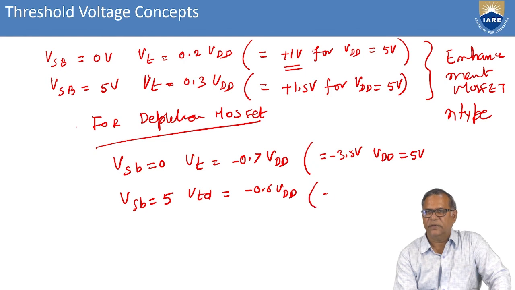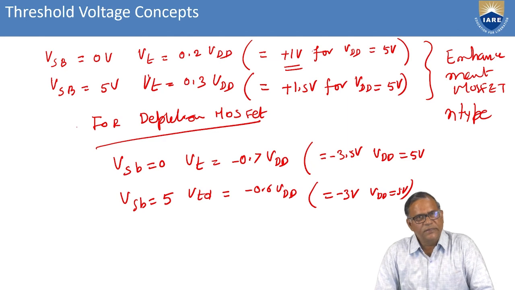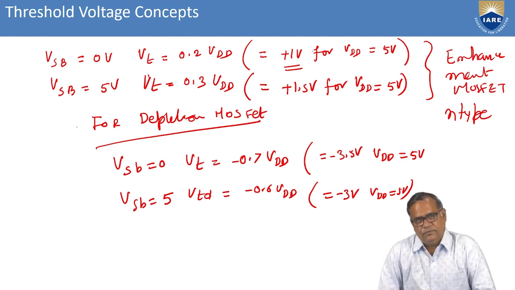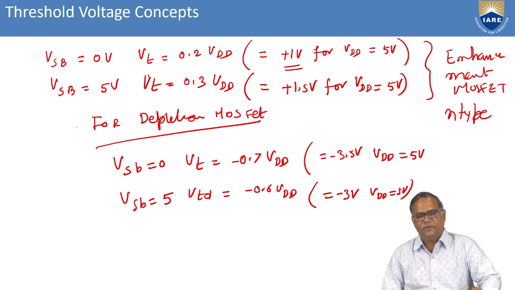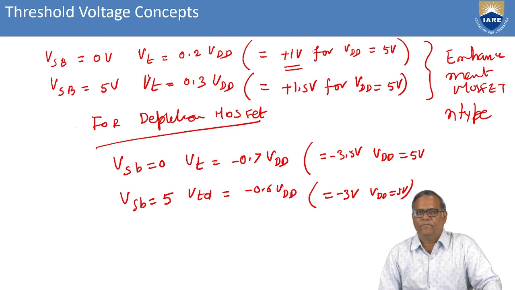In that case, you get minus 3 volts at VDD equal to 5 volts. So for depletion MOSFET, the threshold voltage is negative. So this is the effect of the threshold voltage with respect to the substrate bias.